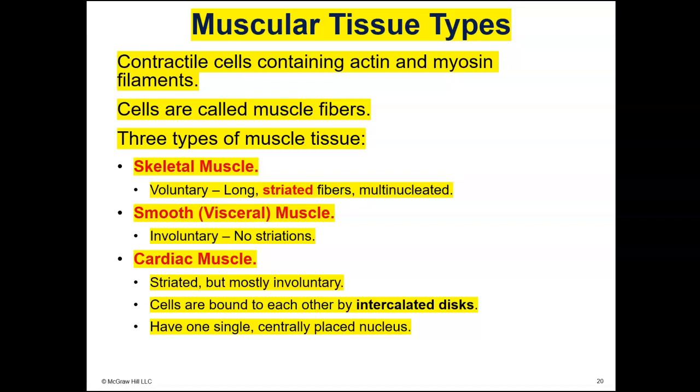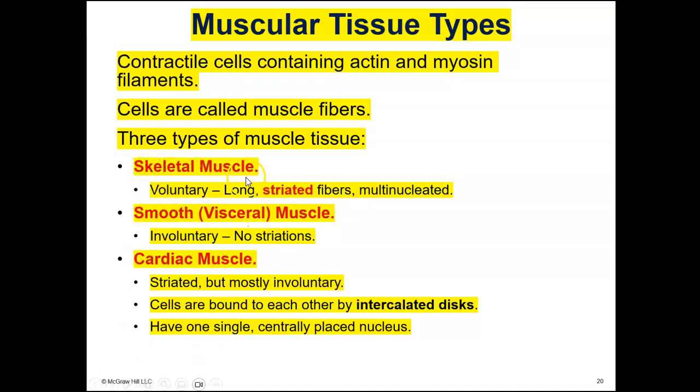And the lining of your digestive tract, all the way from your mouth and your throat and your stomach through your intestines, is lined with smooth muscle that contracts and helps to move your digestive contents through. And the lining of your blood vessels helps to move blood through the circulatory system. So this is smooth muscle.